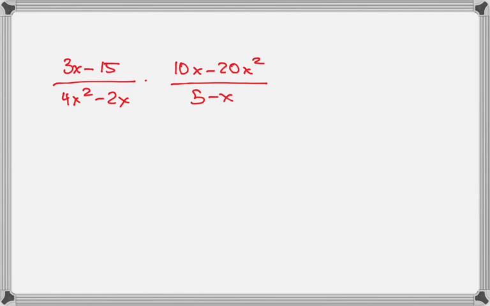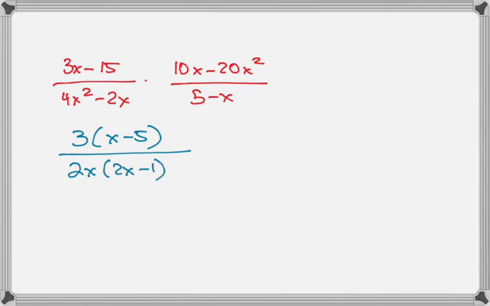How do you factor 3x minus 15? GCF, 3 times x minus 5. What is the GCF of 4x squared minus 2x? 2x times 2x minus 1. That is correct. It's just GCF factoring.